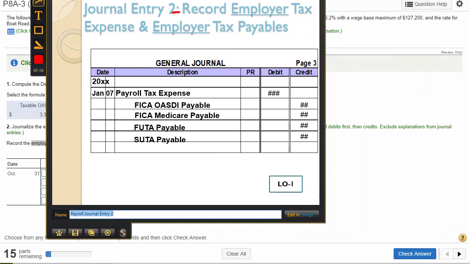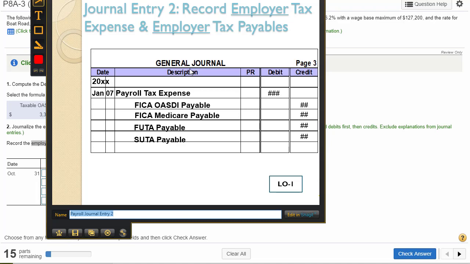For the employer payroll taxes, we're going to debit payroll tax expense, and then record the OASDI tax that the employer has to pay, the Medicare tax that the employer has to pay, and the FUTA and SUTA that the employer has to pay.